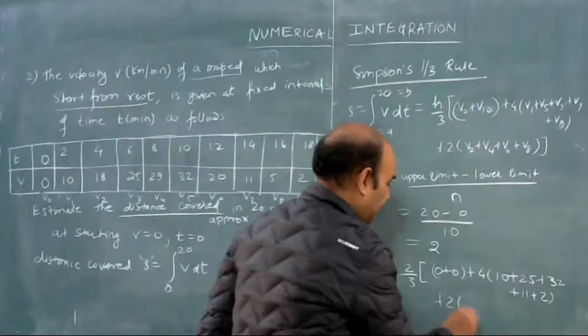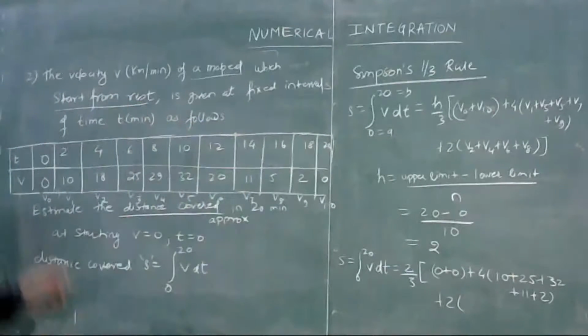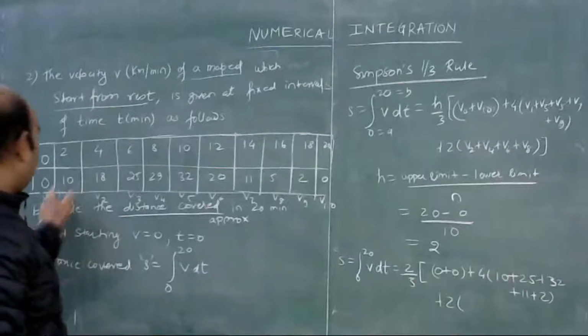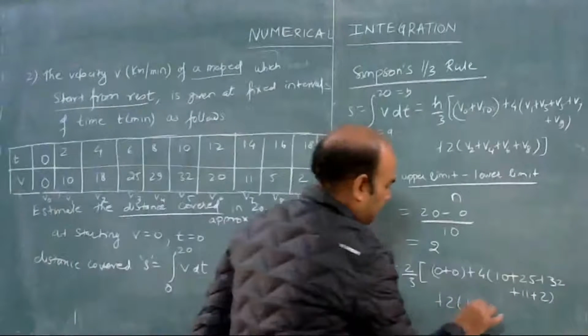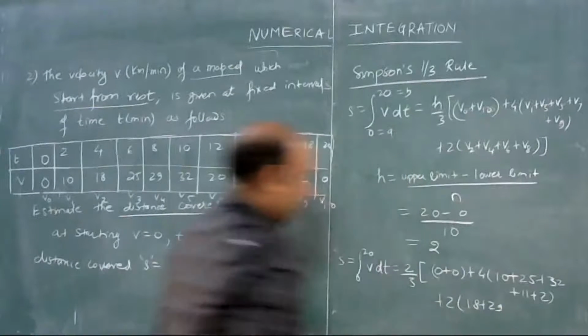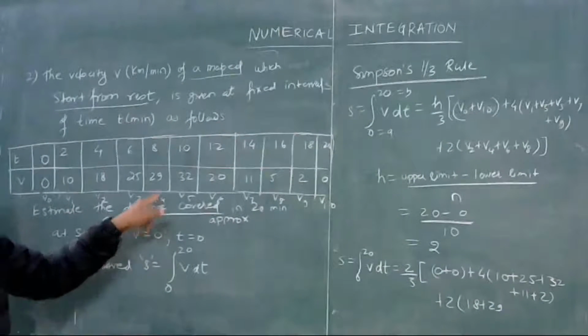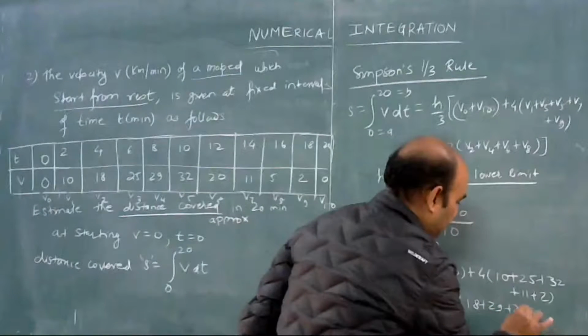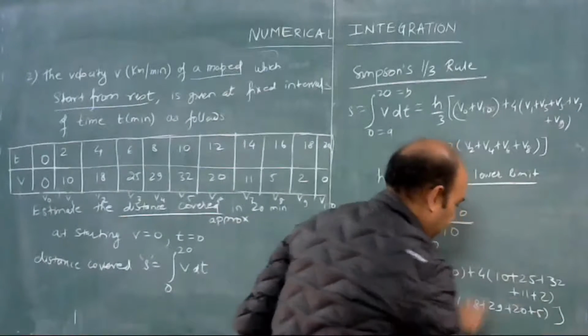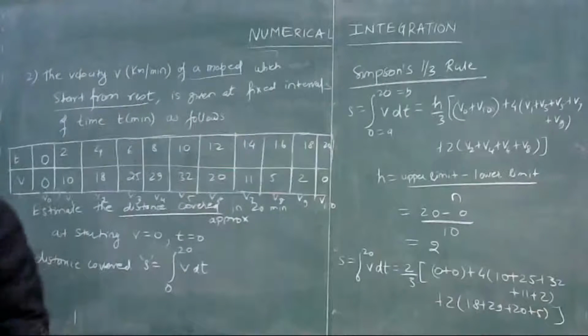Plus twice the even terms of velocity: v2 is 18, v4 is 29, v6 is 20 and v8 is 5. So this is very simple.